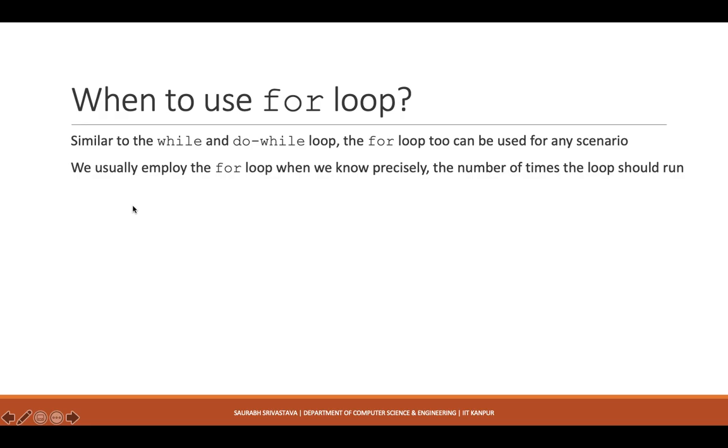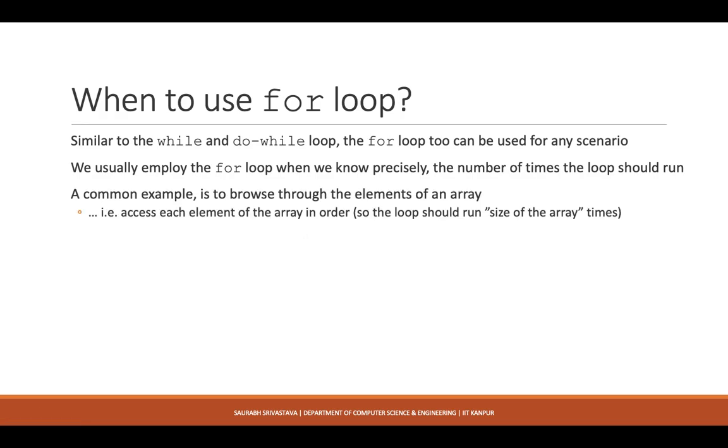However, the usual place where we use a for loop is where we know precisely the number of times the loop is going to run. One simple example where for loops are used most often is when we are trying to go through the elements of an array. There we already know the size of the array, and we know that the loop must iterate through all the values in this array.